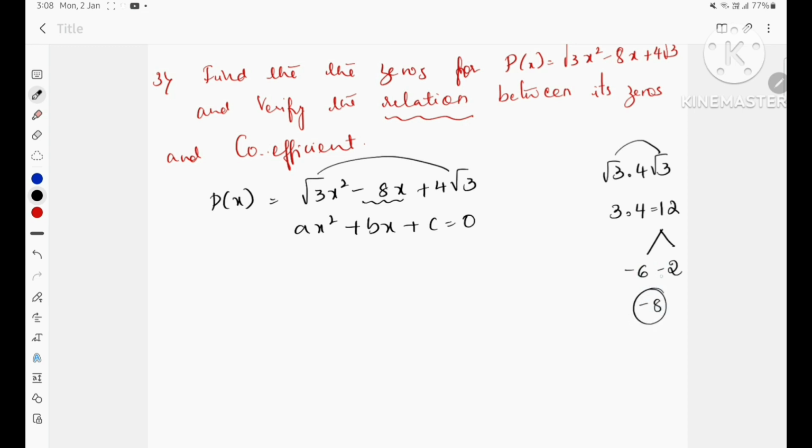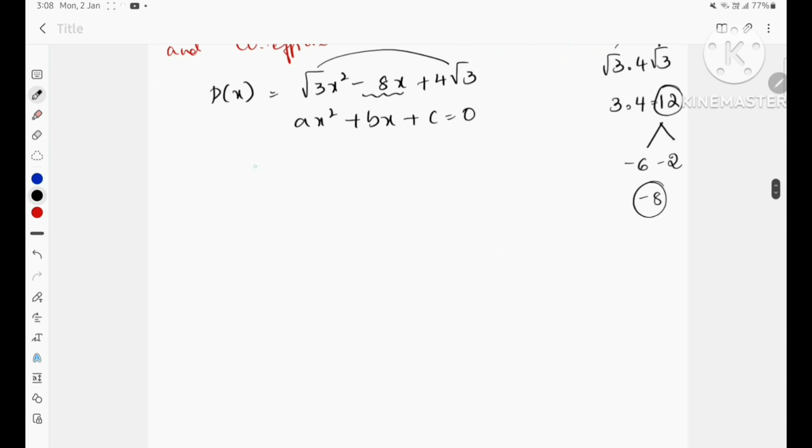So you get 12. 12 has factors 6 and 2, which add up to the middle term, that is minus 8. If you take minus 6 minus 2, you get minus 8. So root 3x square minus 6x minus 2x plus 4 root 3 equals 0.